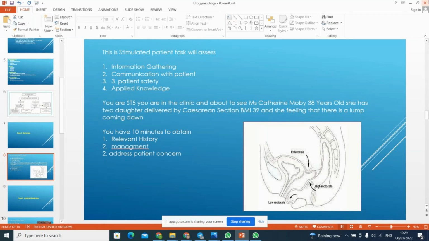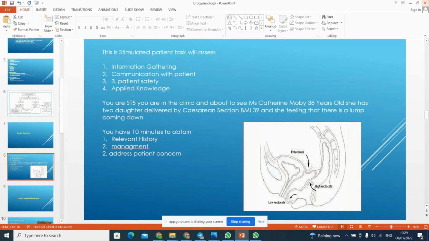Okay. So, Catherine, after examination, I have found that your vagina is loose and your back passage through the vagina is coming down.